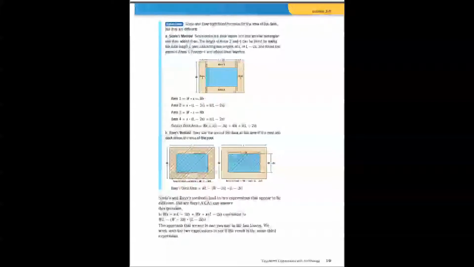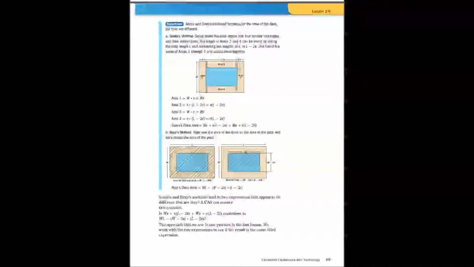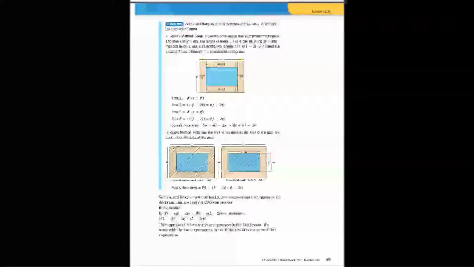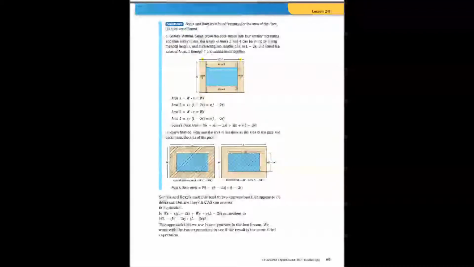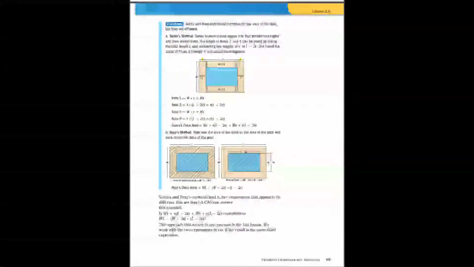We've got Sonia and Roxy. They both found formulas for the deck. We've got Sonia's method, and she broke it into four smaller rectangles. We can see that she had an area here that's x wide and x wide, and we can see the area 2 is simply L minus those two x's.